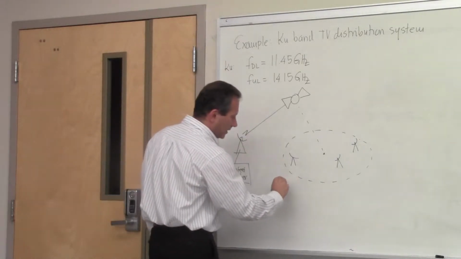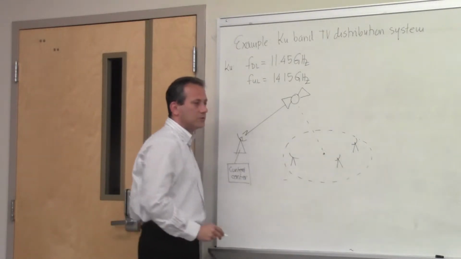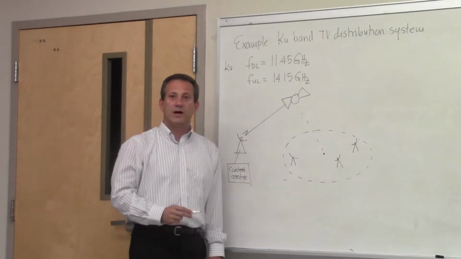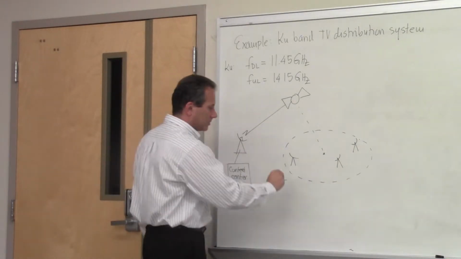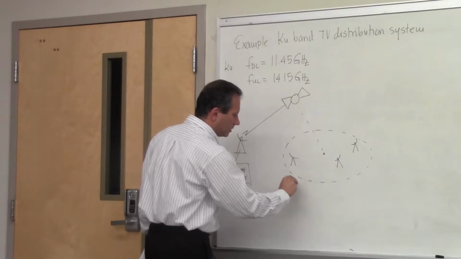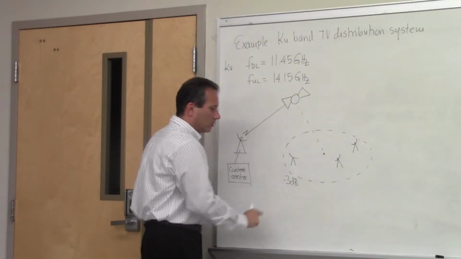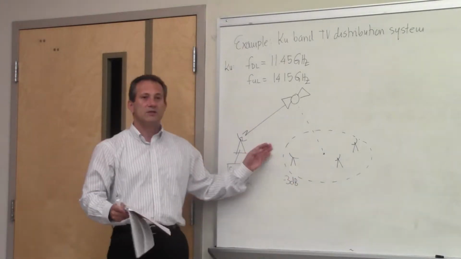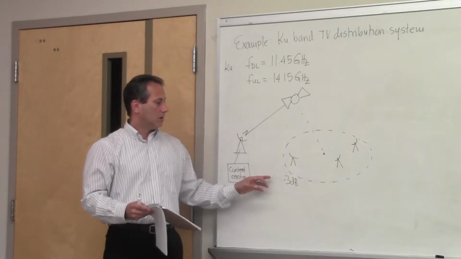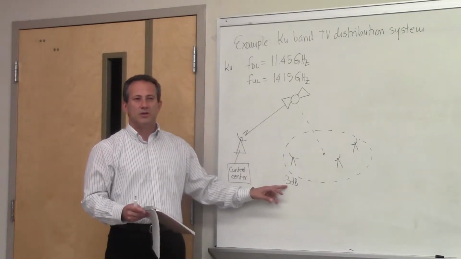Usually we specify some contour over which we claim that we provide the service. For the purpose of this example, I'm going to say whatever is encompassed within a 3 dB contour, I'm going to claim that this is the service area. Now, this is somewhat arbitrary, but not that arbitrary.